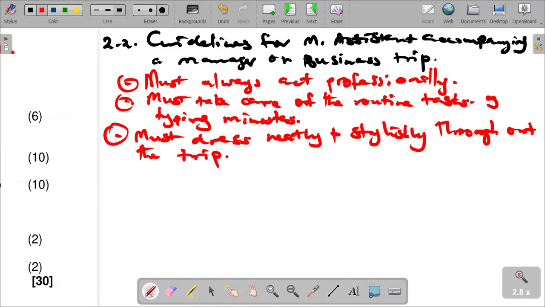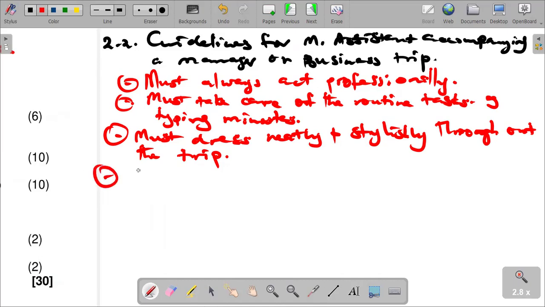It is the duty of the management assistant to ensure that the boss, the manager, is always neatly dressed, and is dressed according to the function that he or she is attending. So the management assistant also has to select outfits.